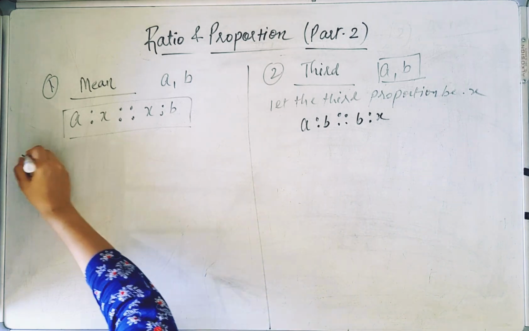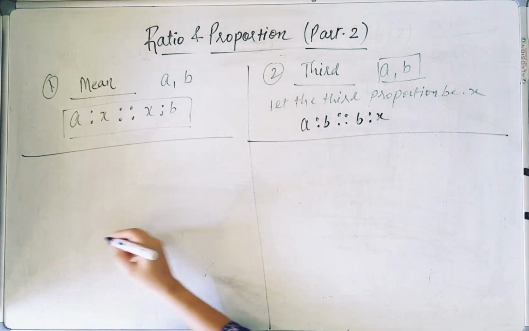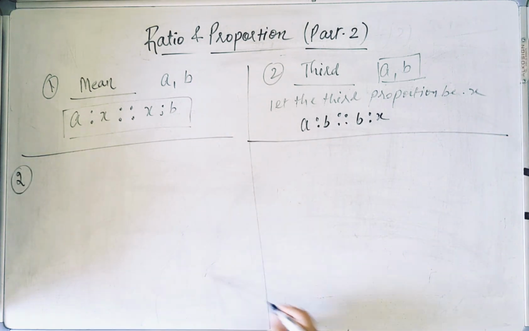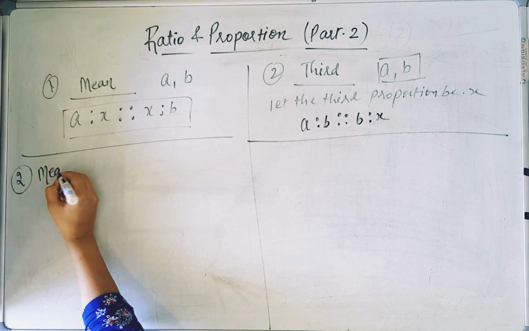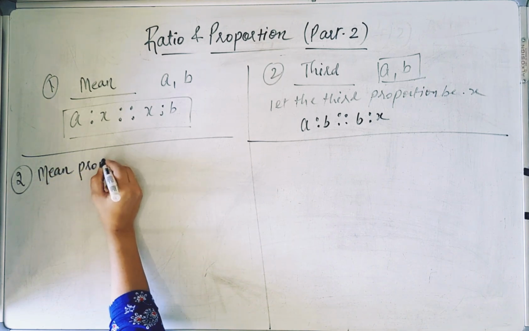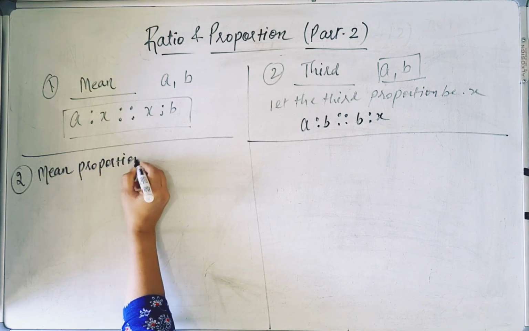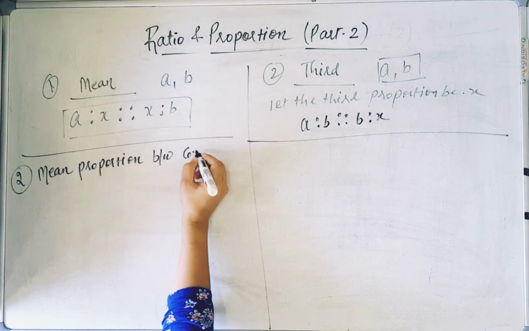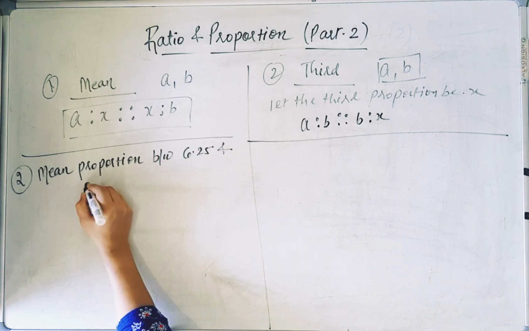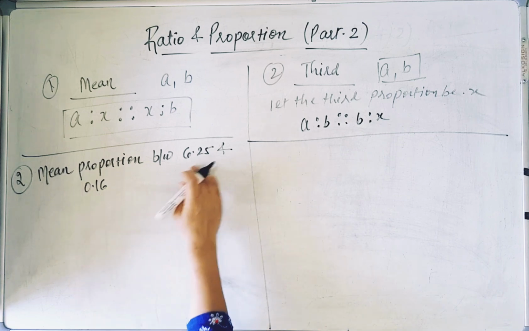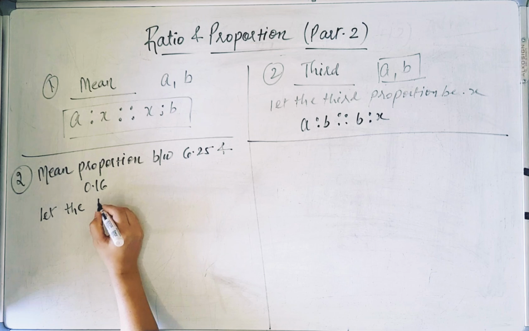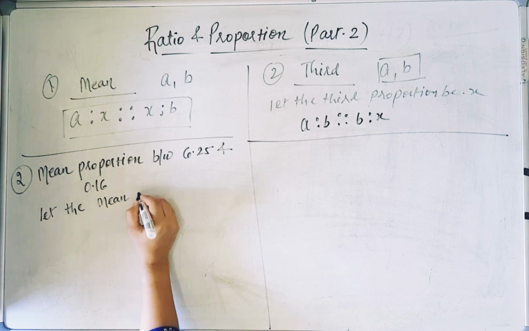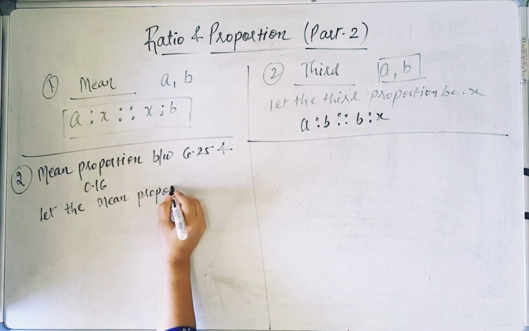I'll tell you one question of each type. Here the question is: find the mean proportion between 6.25 and 0.16. I'll assume the mean proportion to be x.